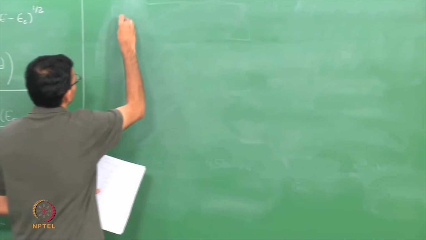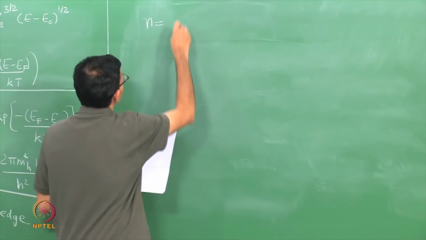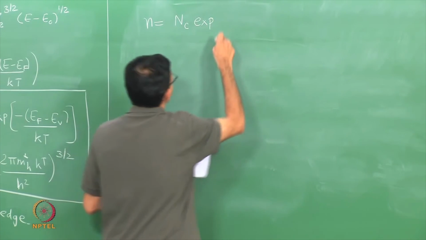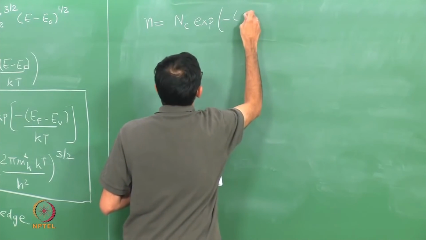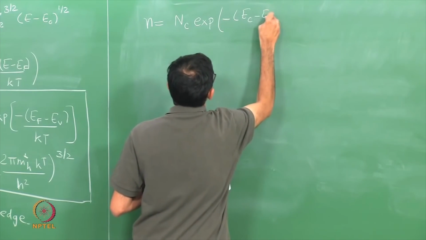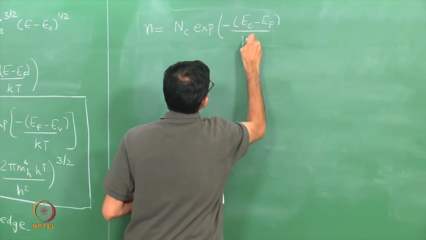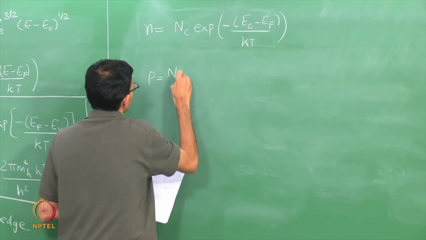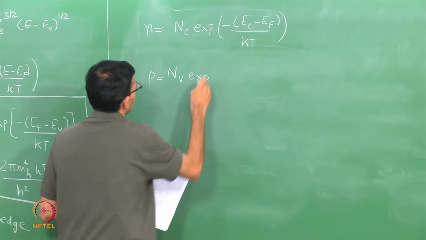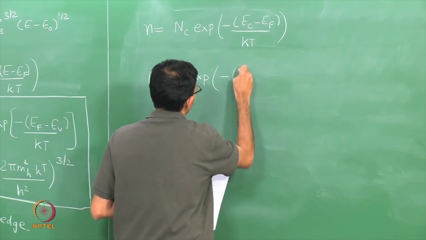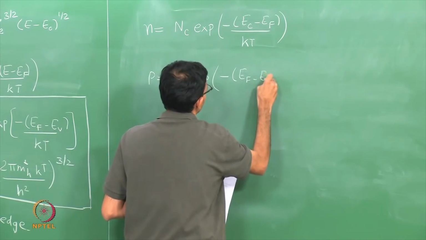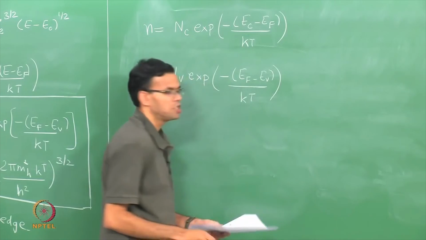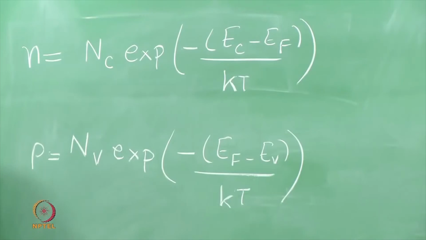Let me just rewrite those two expressions. n is Nc exponential, and p is Nv exponential minus Ef minus Ev over kT. We can mark the position of Ec and Ev in the band diagram.